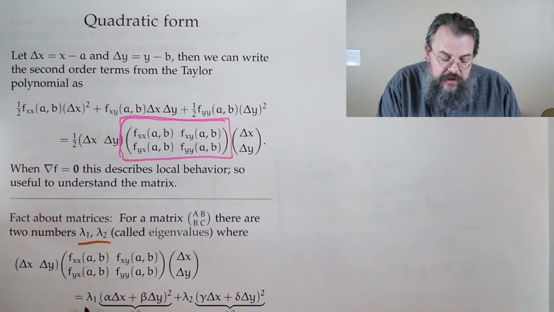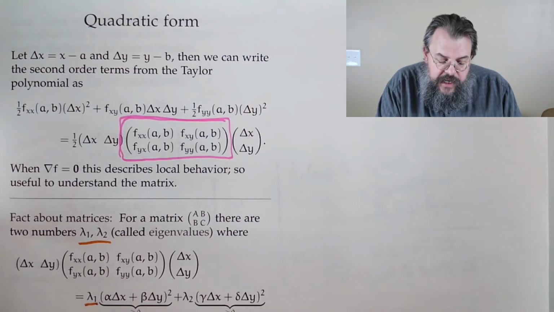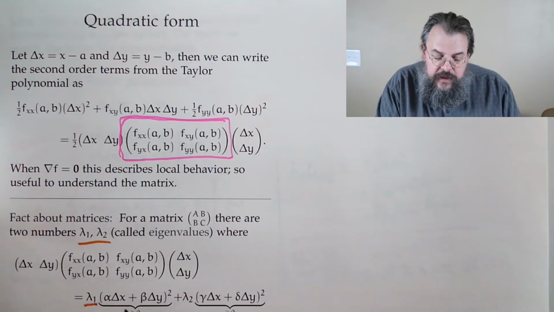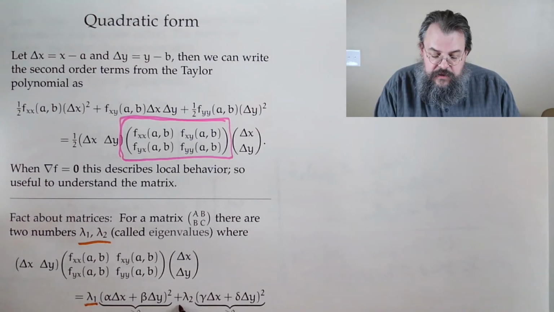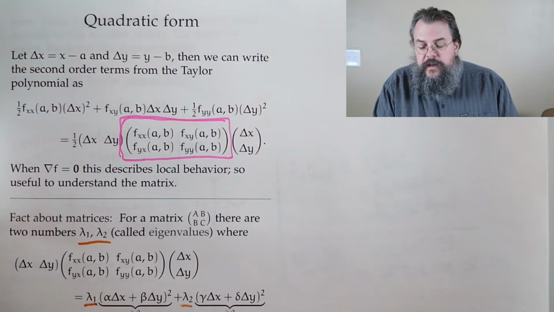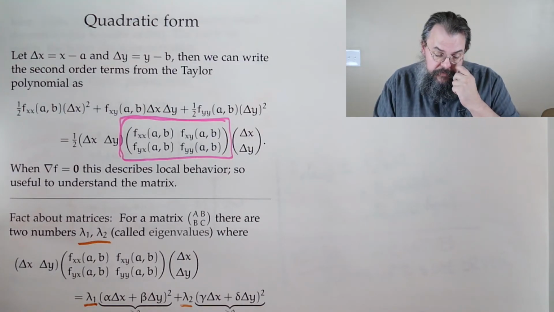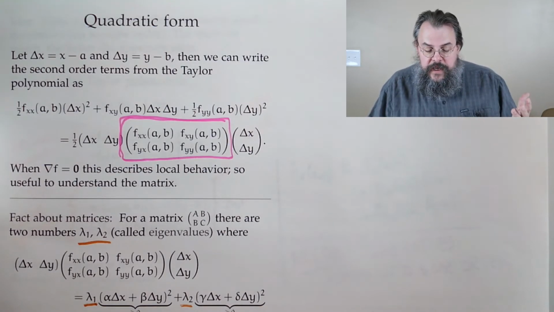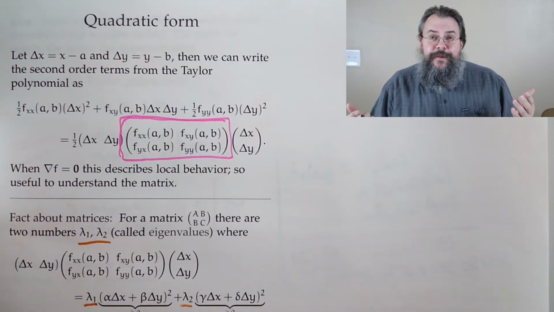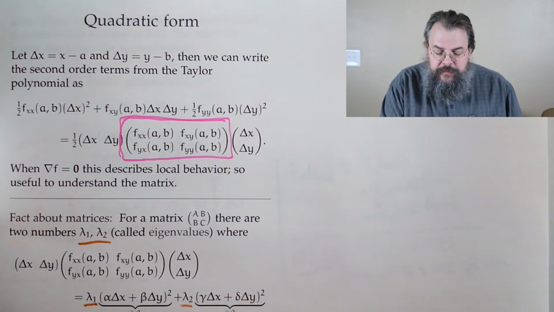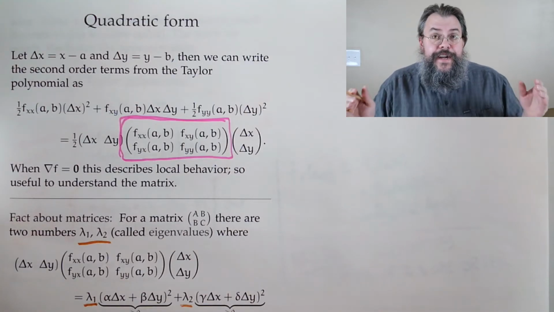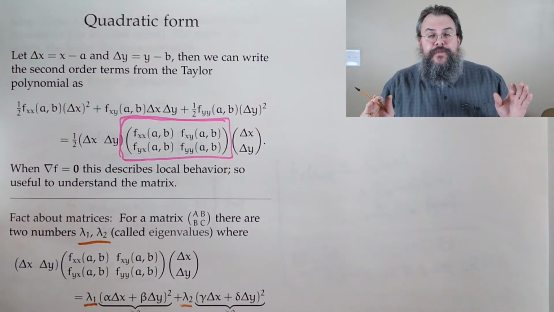This can be written as this first eigenvalue times a square involving some combination of delta x and delta y, and then there's a lambda 2 times another square combination of delta x, delta y. Now, if you're familiar with eigenvectors, you might ask where they show up. They're showing up in the alpha, beta, gamma and delta. If you don't know what an eigenvector is, don't worry.